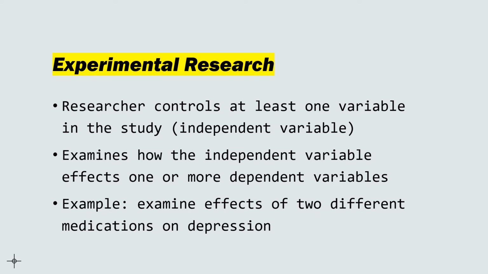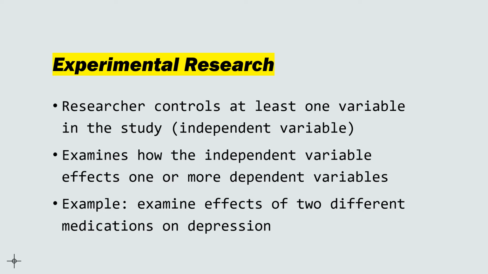A more realistic example, and I feel like I've used this example a lot today, is let's say I'm developing a new medication to treat depression, and I want to know if this medication works more effectively than the stuff we already have on the market. One of the common medications used right now is SSRIs. So let's say I develop my medication, and we could name it whatever, Larissa's medicine.